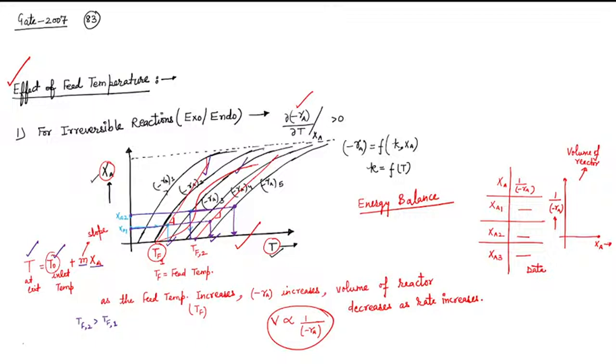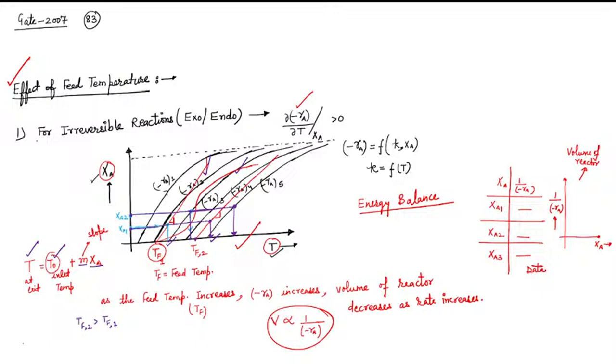Which type of path should we follow inside the reactor so that the volume required for any reaction is the least? That is called optimum temperature progression. What should the temperature be inside the reactor? That means the temperature profile, XA versus T profile, the path so that the volume will be minimum.